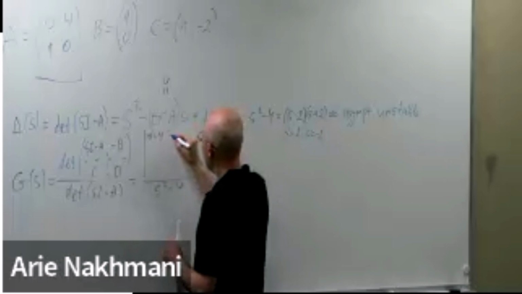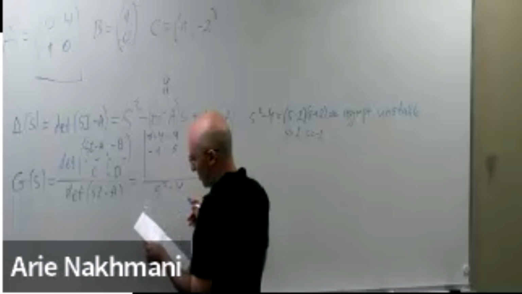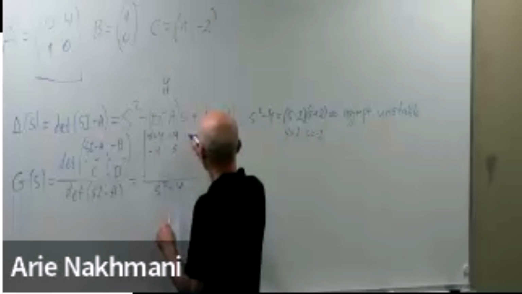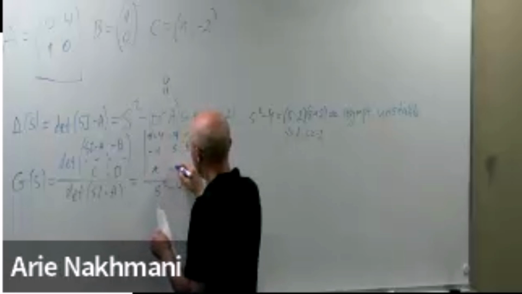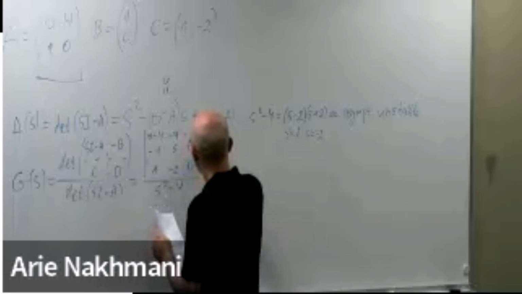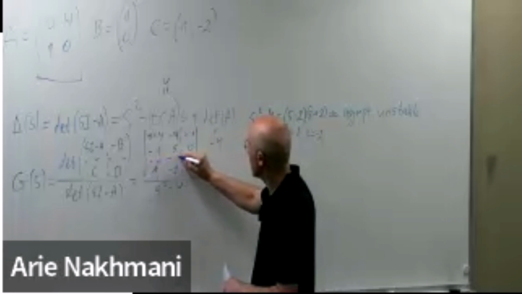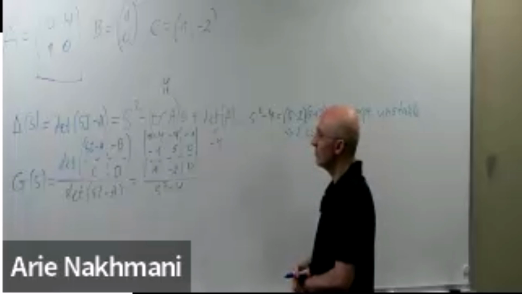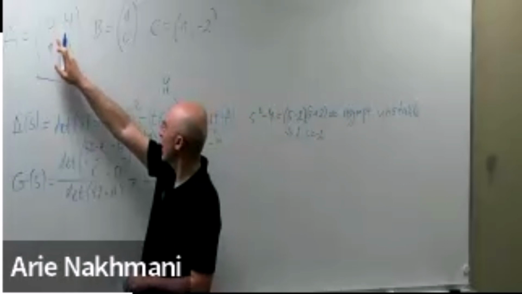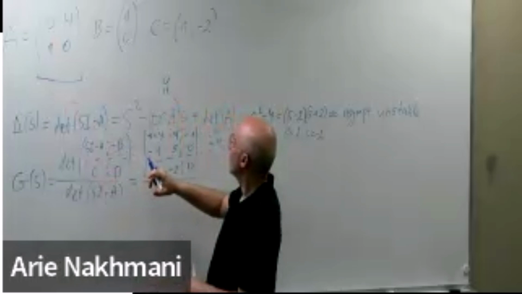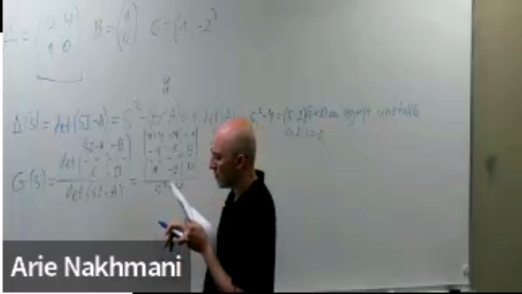Second element will be negative 4, then minus 1, s, negative 1, 0, 1, negative 2, 0. These are the blocks. Wait a second.